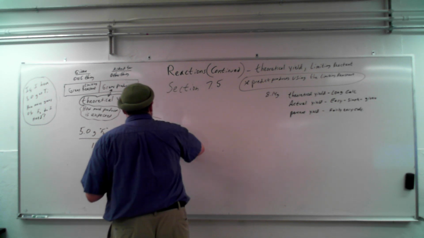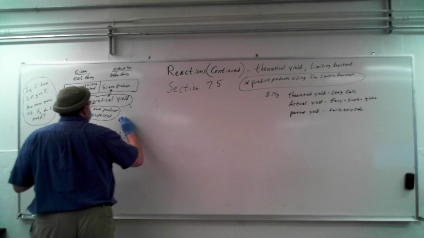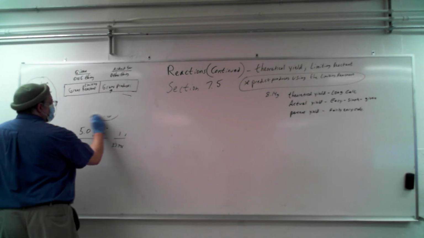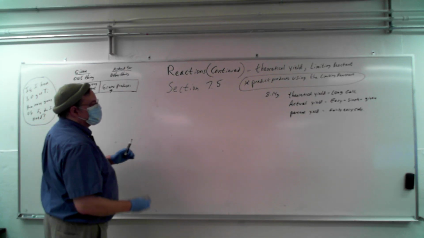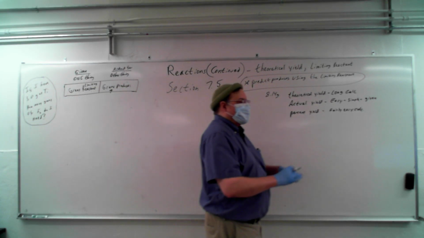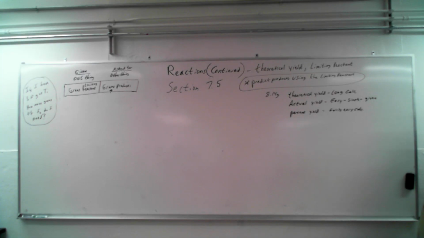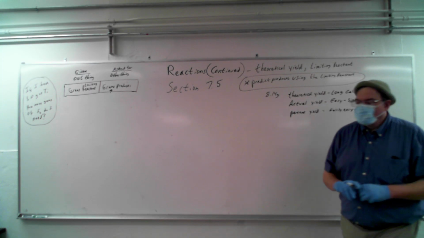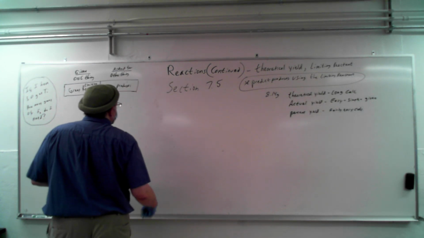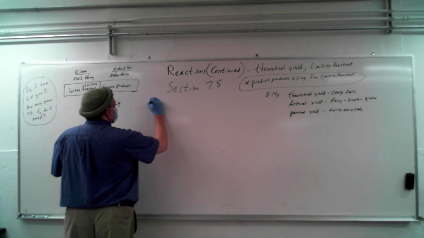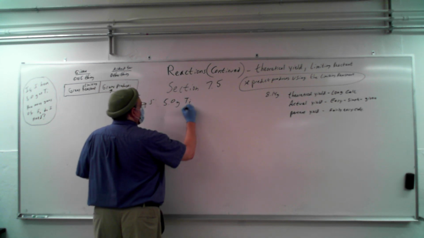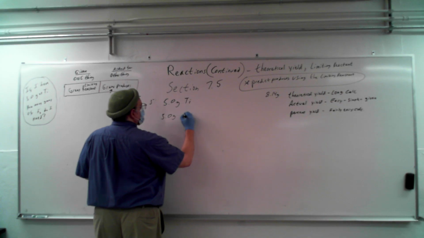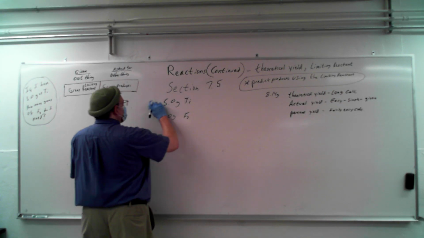Then you go through all this, and it gives you the 5 grams and the 5 grams, but it also tells you that, let's say, it was 5.0 grams of F2.